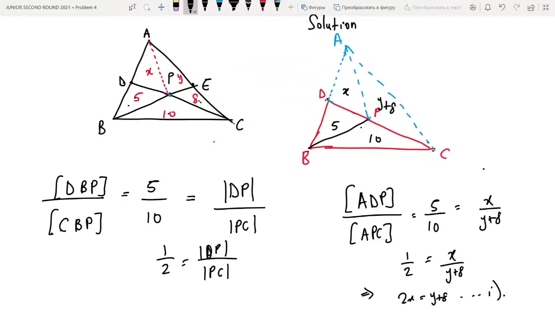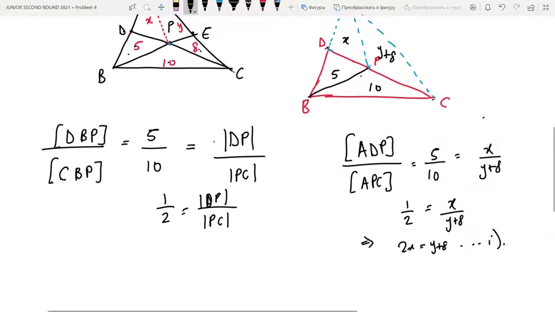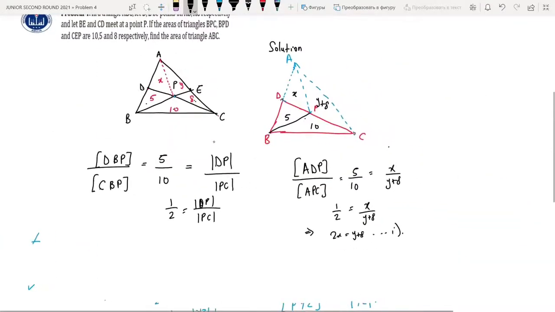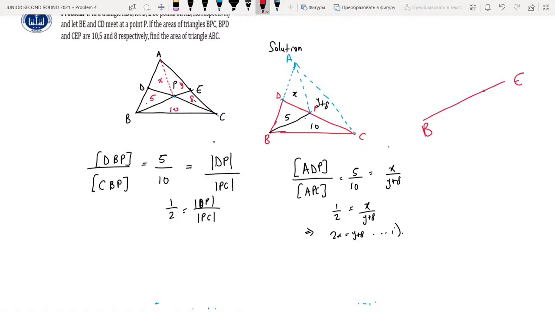The next one we are going to use is BPE. So let's use BPE now and see what we get. I'll draw it here again. I draw BPE first. B, E, P is somewhere here.